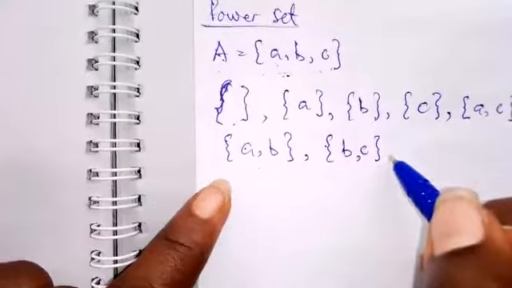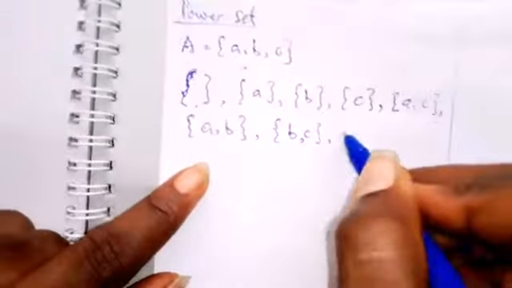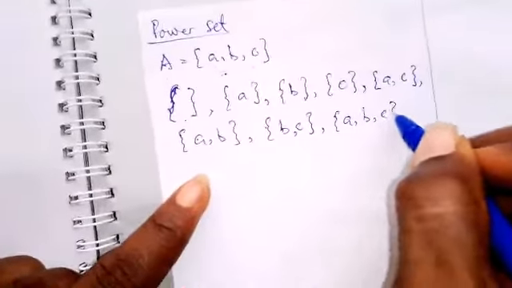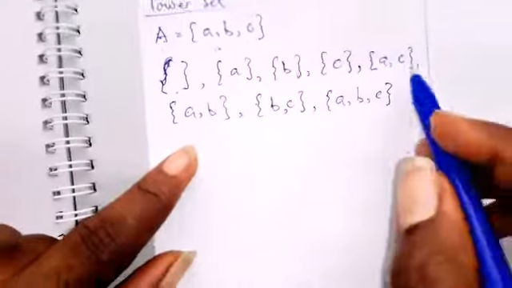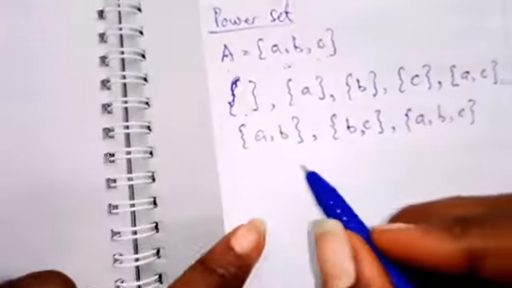Another one will be A, B, C, and those are the subsets we have here.